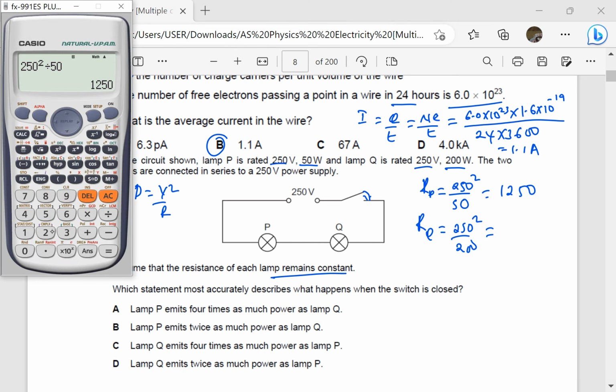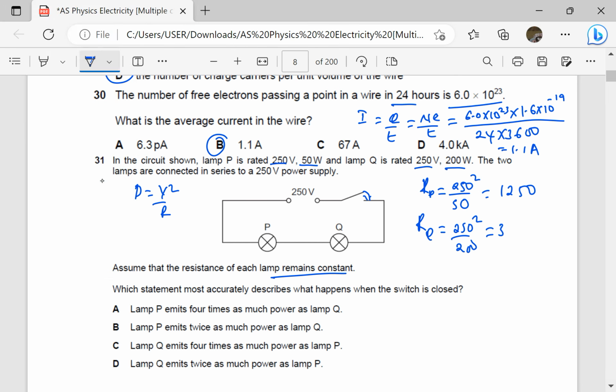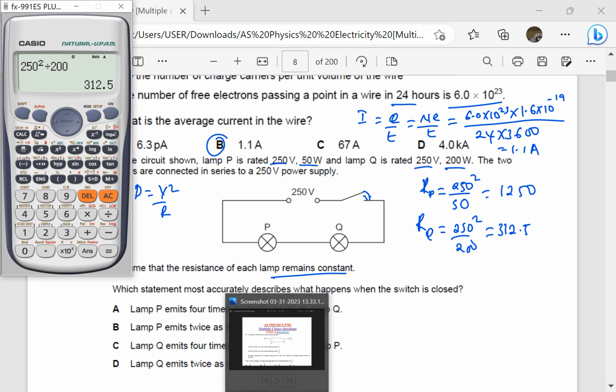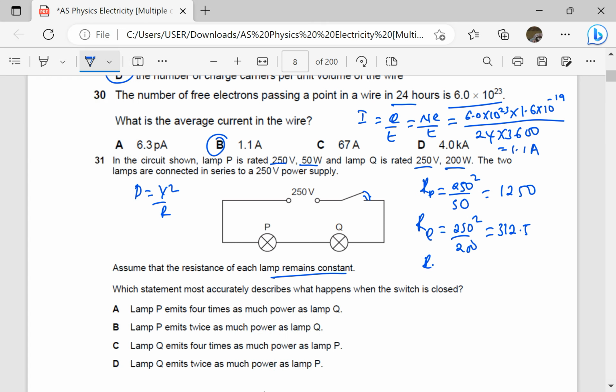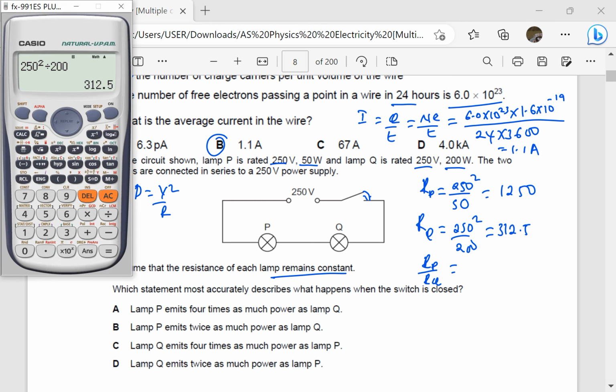Then 250 squared divided by 200 is 312.5. I think there is a relationship between these two values. Let me try to divide them: resistance of P divided by resistance of Q. So I have 1250 divided by 312.5, and it is 4.